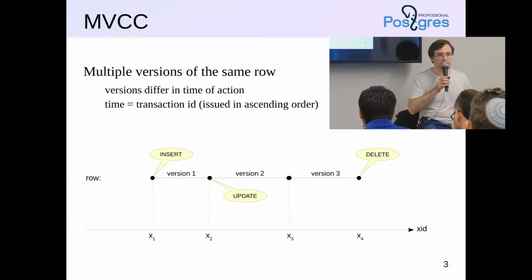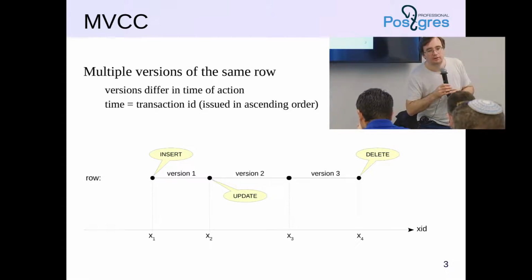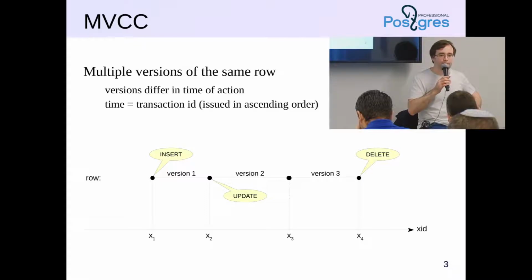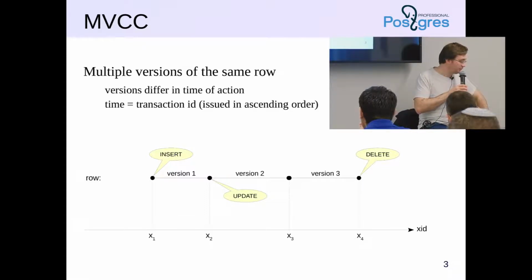The idea is that your data can exist in the database in different states. You have different versions of the same data. So one transaction can change its own version, and another transaction can read its version, and they don't intersect and you have no problems here. What is a version?